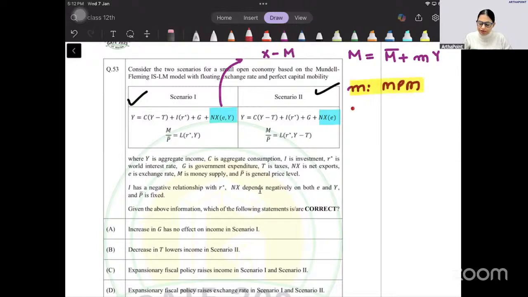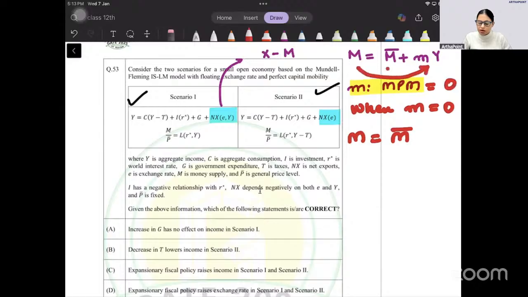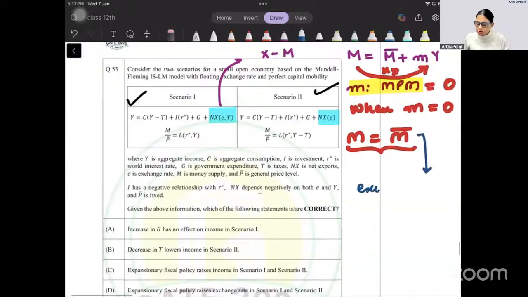And when I keep m as 0, then it becomes m bar. Meaning, when the marginal propensity to import is 0, import is not linked to income, then import is just m bar. And if import is m bar, it becomes exogenous.